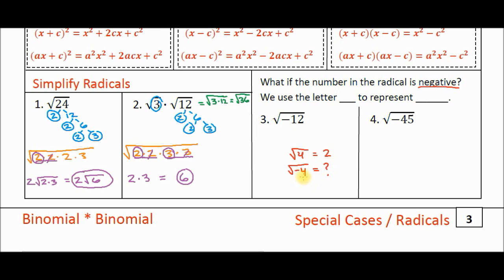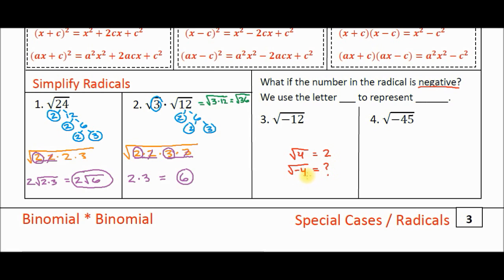Well, let's think about this. 2 times 2 is positive 4, no good. Negative 2 times negative 2 is positive 4, no good. And you can't use negative 2 times positive 2 because that's not what a square root is. A square root is what number multiplied by itself gives you the number inside the radical. So in this case, there is no logical answer.